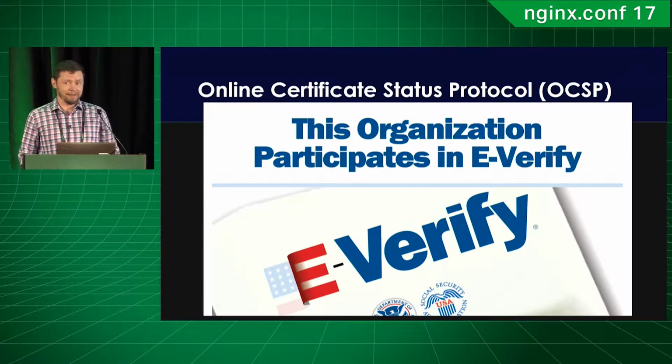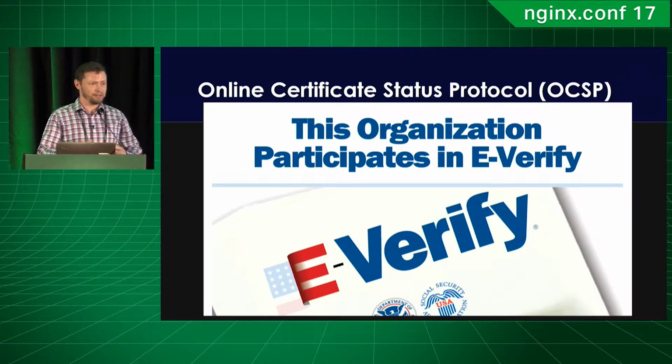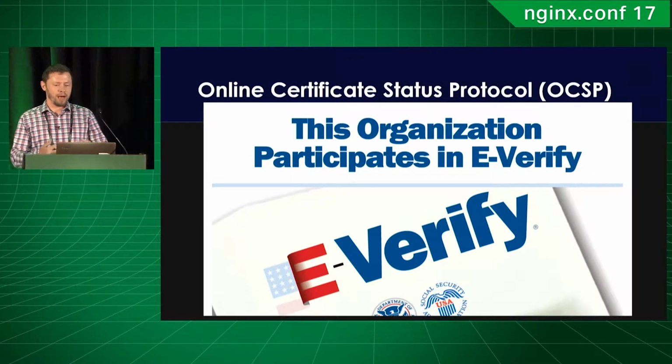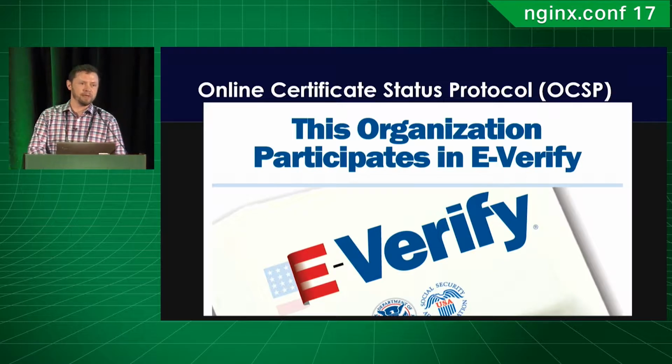But if we come back to certificates and the PKI infrastructure, I would call it Online Certificate Status Protocol. OCSP is a protocol that can be used within your PKI infrastructure to verify the validity of a certificate.